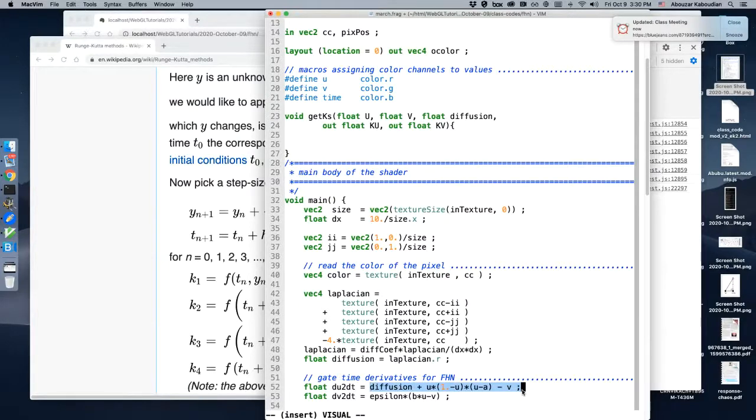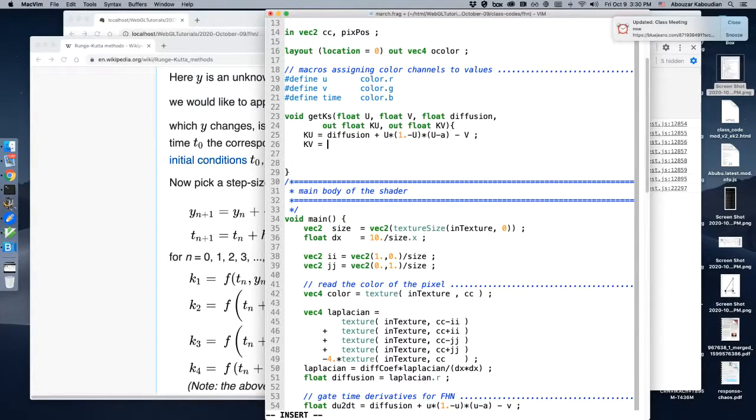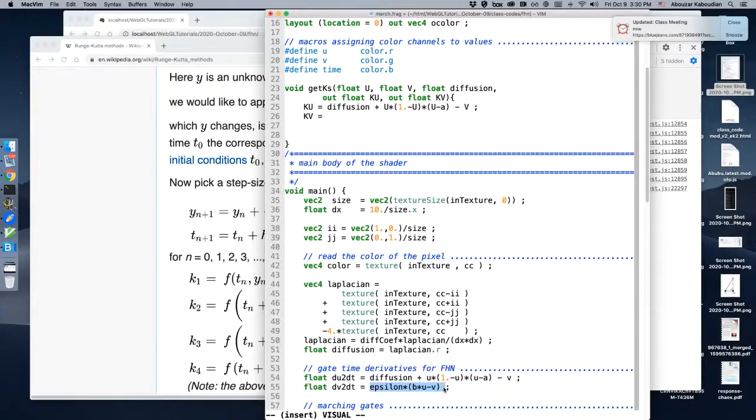I can actually start stealing from this Euler time stepping that we had. So KU would be diffusion. Instead of this lowercase u, I pass the dummy variable U. And for the v, I just pass the dummy variable V. KV, I can have this guy copied and pasted here.